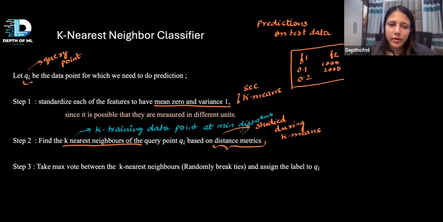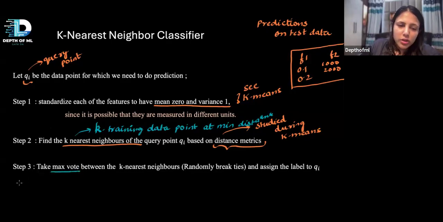So what you'll do is take the query point, compute the distance of that query point with every point that you have in training, and then pick the K points which are at the lowest distance from this query point. And then you take a max vote.